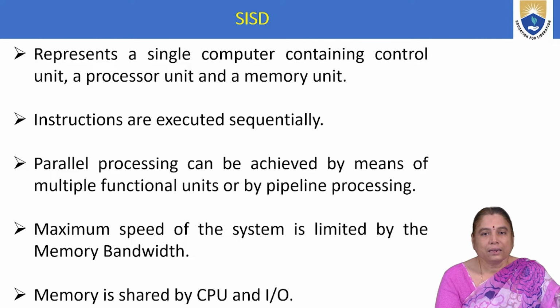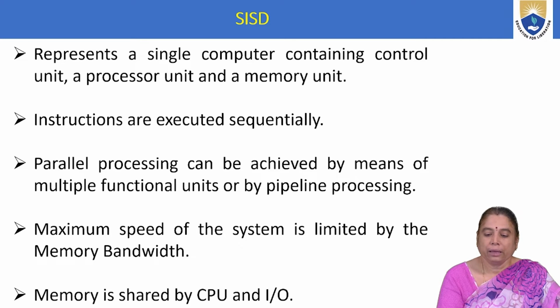What are single instruction, single data stream multiprocessors? They represent a single computer containing a control unit, a processor unit and a memory unit. The functional units of SISD architecture are the control unit, processor unit and memory unit.